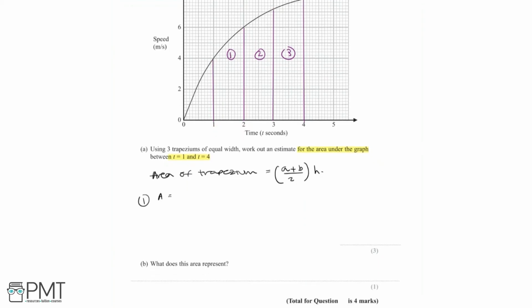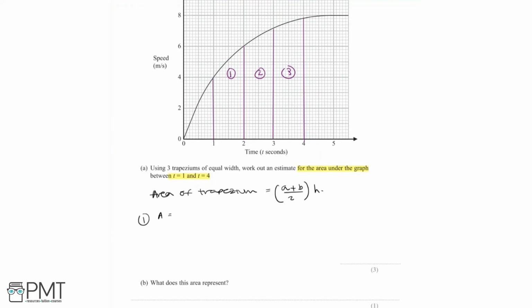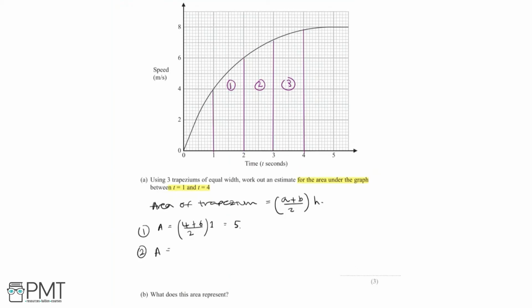And so a plus b over 2 times height for trapezium 1 would be 4 plus 6 over 2 multiplied by the height of 1, and we got the 4 and 6 from the heights of these parallel lines, 4 and 6. And so for trapezium 1, the area would be equal to 5. Now we can do the same thing for trapezium 2. The area would be equal to a plus b over 2 times height. A is equal to 6, and b is equal to 7.2.